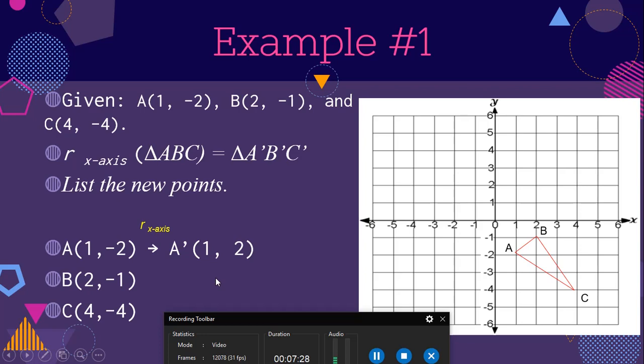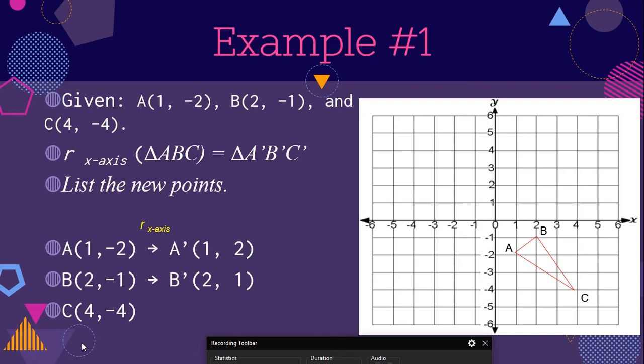Let's do that with B. X stays the same, y becomes its opposite. And C prime, x stays the same, y becomes its opposite. When you do this for homework, I want to see this full mapping: original points, rule with arrows, and the new points.